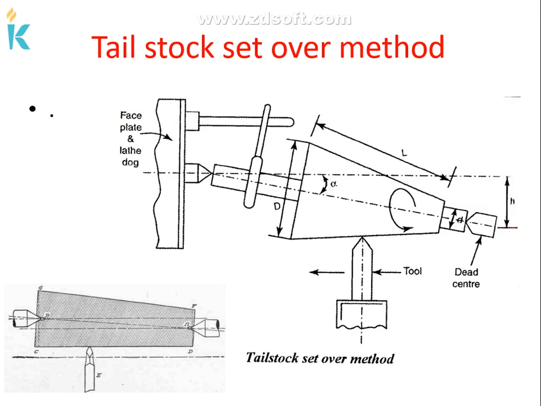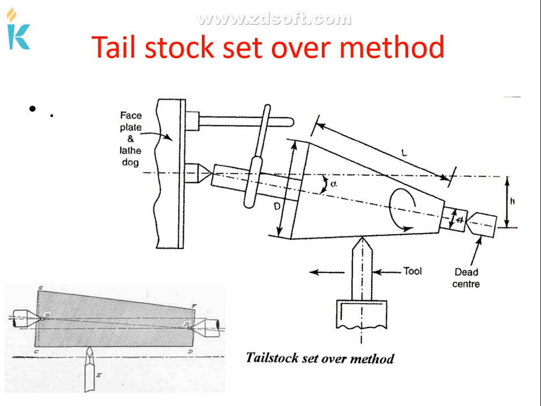In this diagram, one end of the workpiece is fixed with the lathe chuck, then at the other end we shift the tailstock some distance from the lathe axis, which is denoted in the diagram as H. So the workpiece is fixed between the lathe dead center and the face plate or lathe dog.